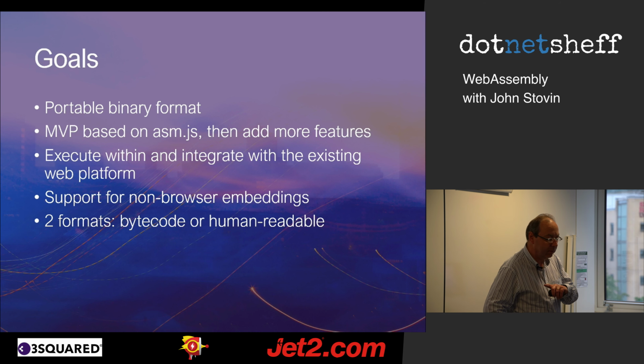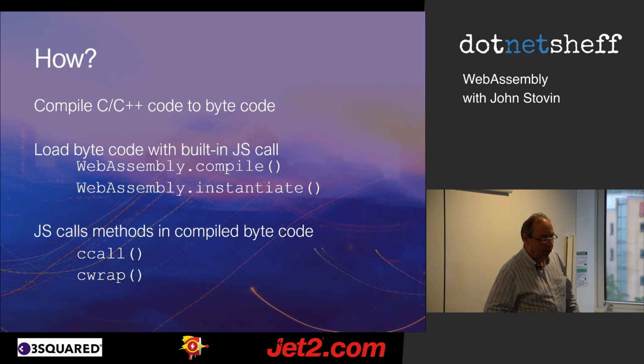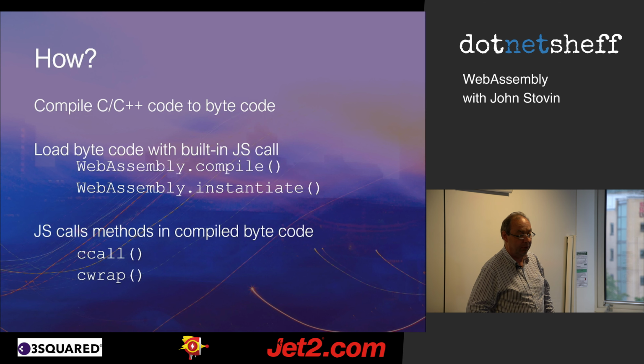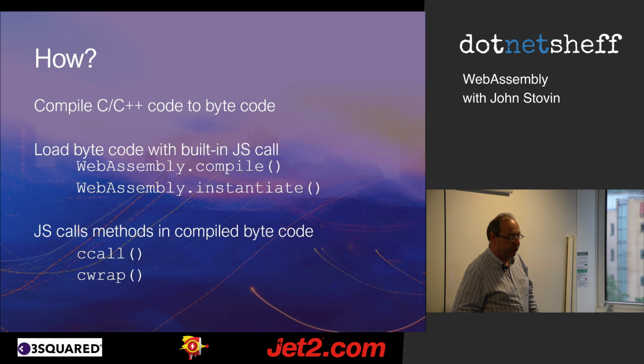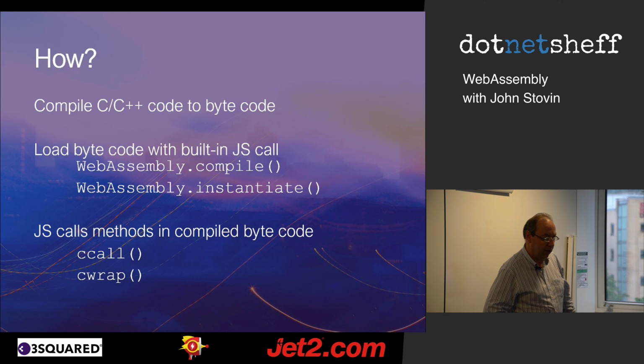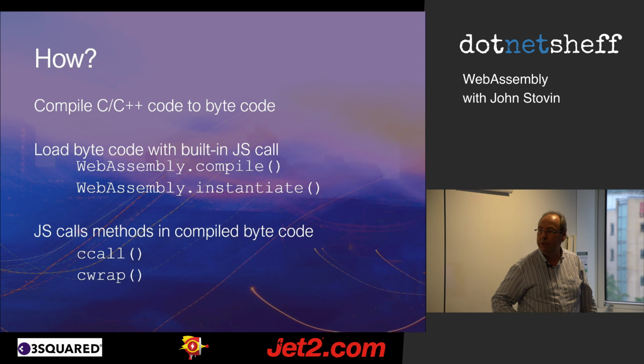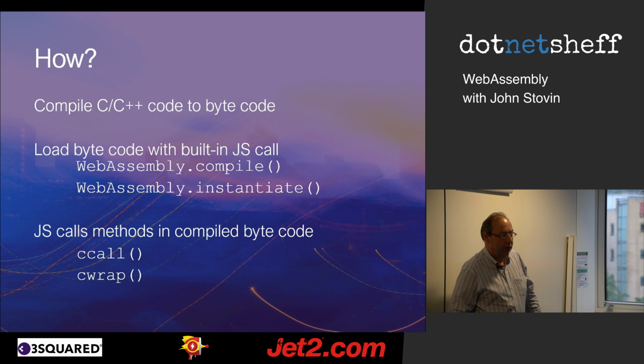So how does it work? Well, we have a compiler. There's a package called Emscripten that will take C and C++ code and compile it down to WebAssembly bytecode. You then load the bytecode with a built-in JavaScript call, and then you call methods in that bytecode.